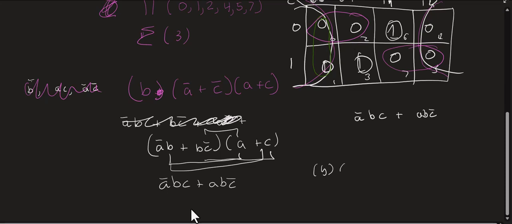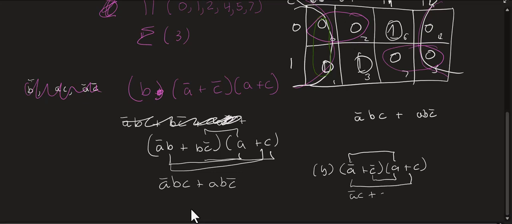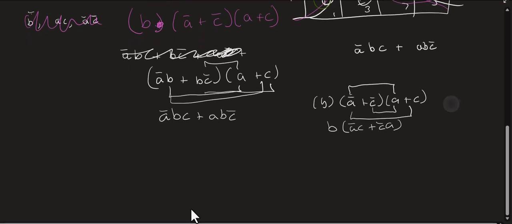So if I had done this multiplication first, this times this cancels, but this times this does not, A bar C, and then plus C bar A, times B. So I have B times (A bar C plus A C bar).